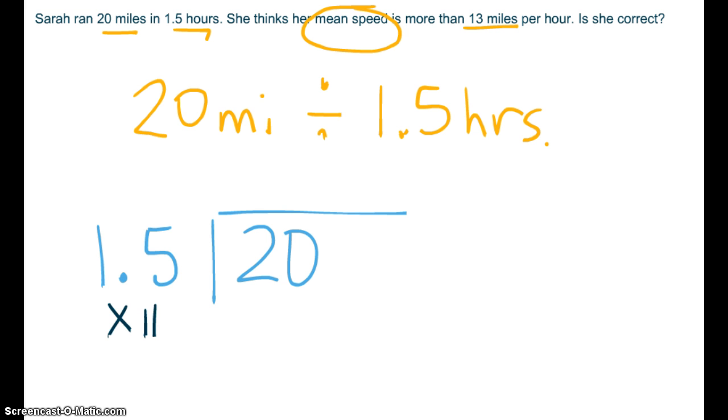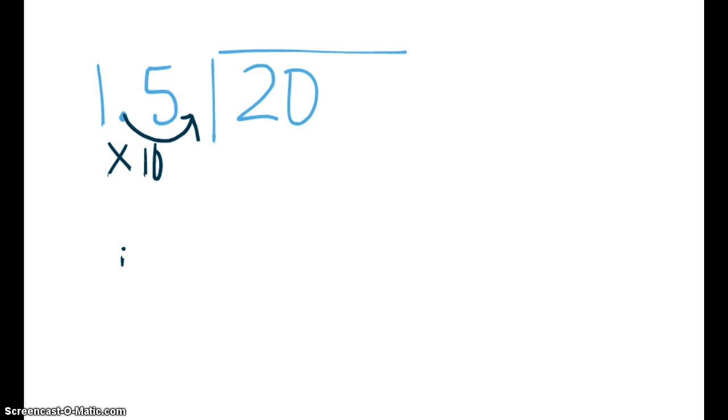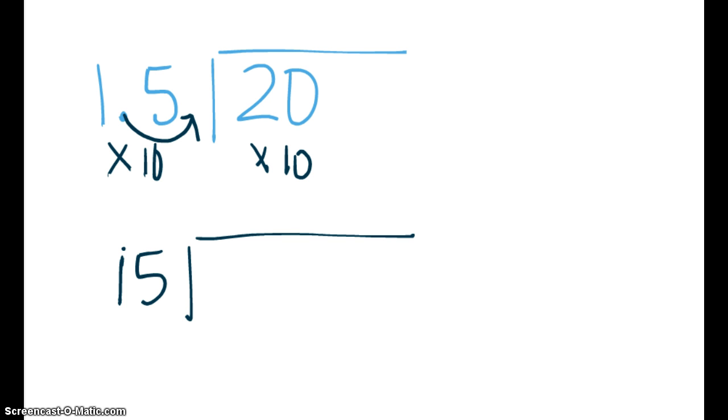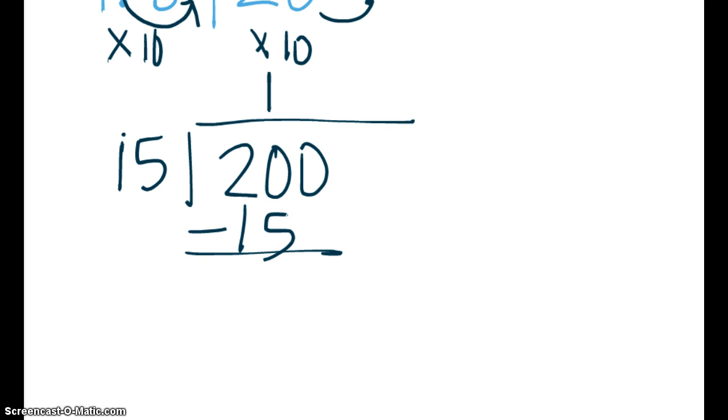Remember, you cannot have a decimal here, so we need to multiply it by 10 in order to get a whole number. So here we also have to multiply by 10, so our decimal moves over once. So 20 times 10 is 200. Now we can divide 15 into 20 once, subtract, and we get 50.